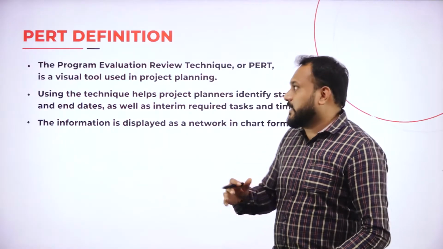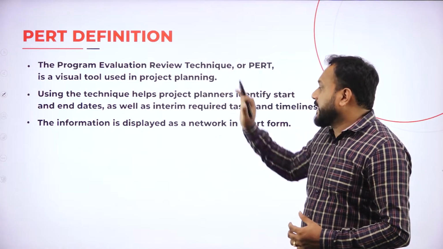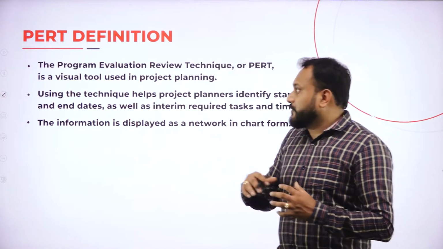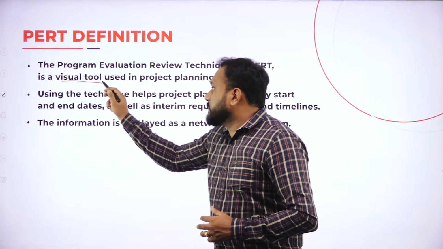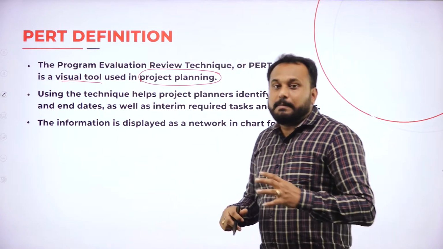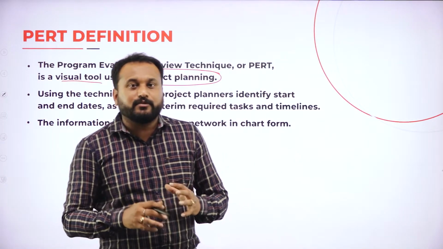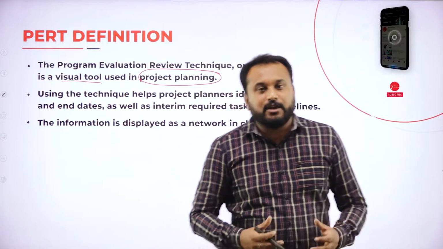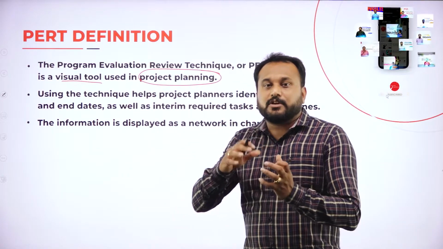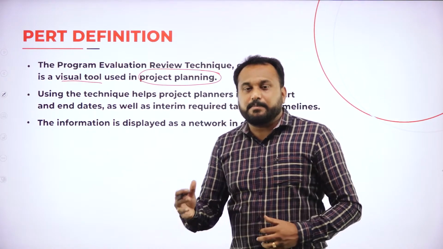Now what exactly is Pert? So it is Program Evaluation Review Technique, or Pert, a visual tool used in project planning. So Pert is very useful here because many of the people, when they go for any kind of evaluation or what is the project we are supposed to do first and the second and the third, they use Pert.